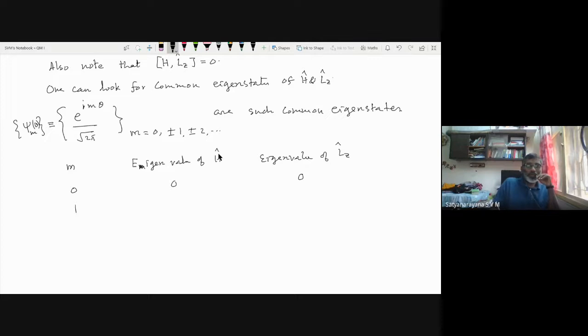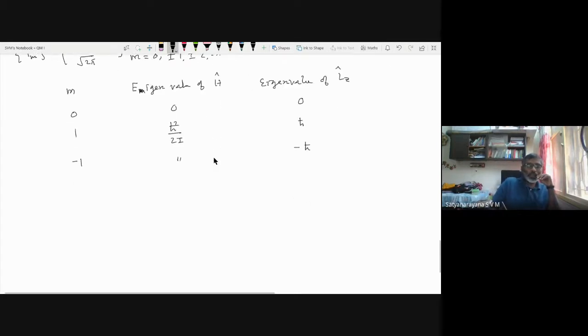For m equal to 1, this is h bar square by 2I, and this is h bar. For m equal to minus 1, this is the same, but this is minus h bar. For m equal to 2, it is 4 h bar square by 2I, and it is 2 h bar, and for m equal to minus 2, this is the same, but this is minus 2 h bar.